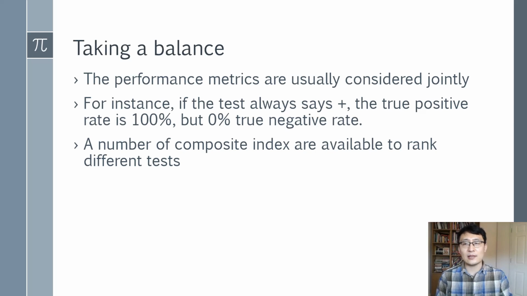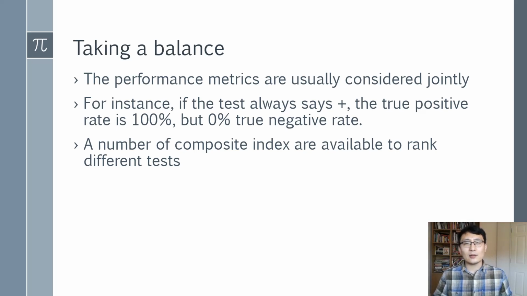For example, if a test always gives you positive results, then the true positive rate will be 100%, right? Which sounds wonderful, but in that case the true negative rate is 0%.